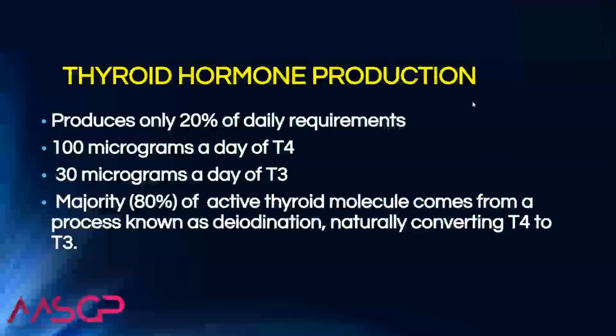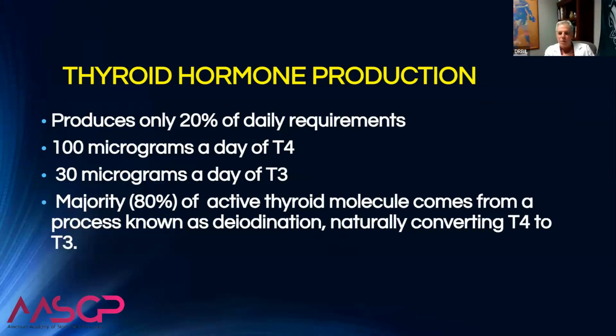The thyroid, on any single day, only produces about 20% of the daily requirements. It makes about 100 micrograms of T4 and 30 of T3. The majority of the thyroid molecule comes from a process known as deiodination, a natural conversion of T4 to T3.